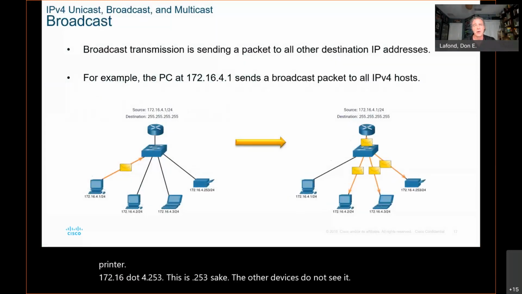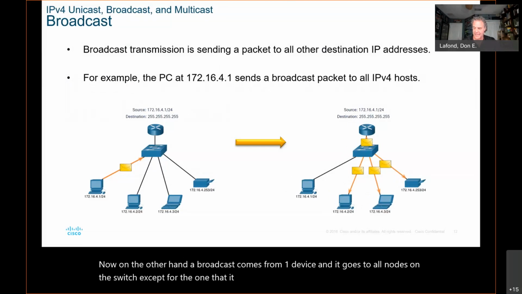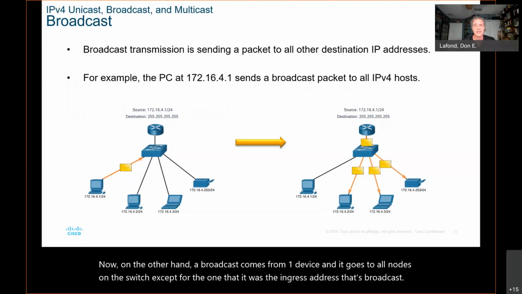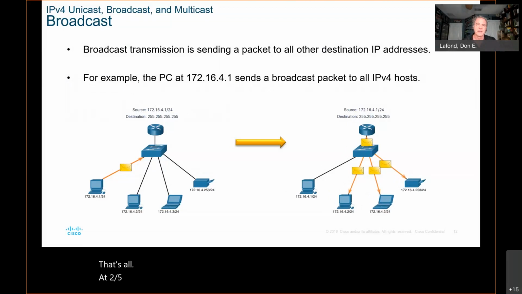Now, on the other hand, a broadcast comes from one device and it goes to all nodes on the switch except for the one that it was the ingress address. That's broadcast. For a /24 network, that's the address 255.